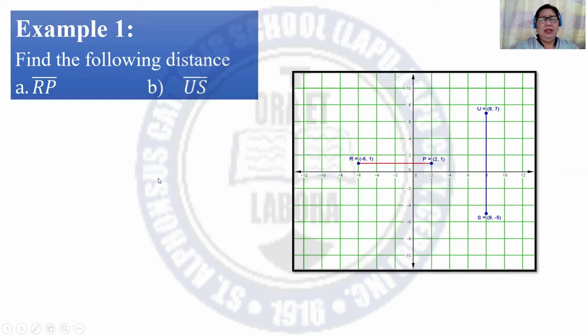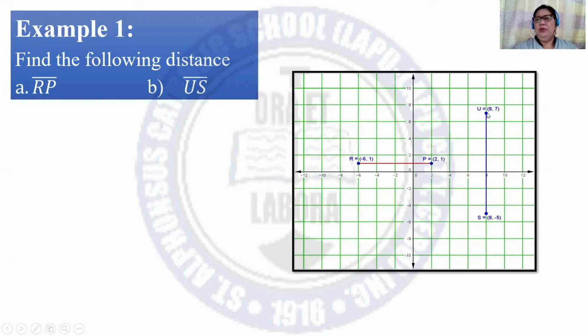Let us have an example. Find the following distance from R to P and next from U to S. Let us start first in this segment. The coordinates of R are negative 6 and 1. The coordinates of P are 2 and 1.